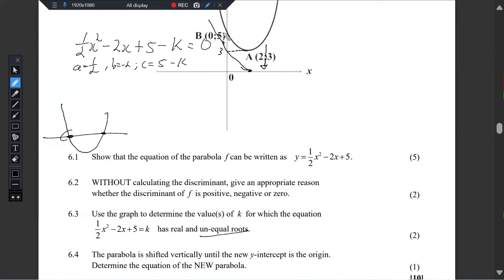So that means it's 5 minus 3. The intercept that I would have here would be 2.